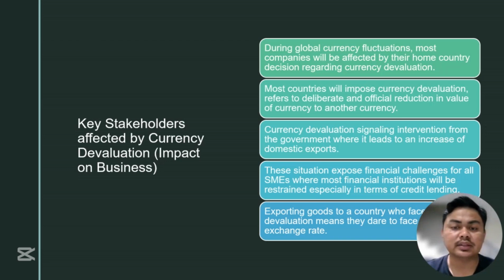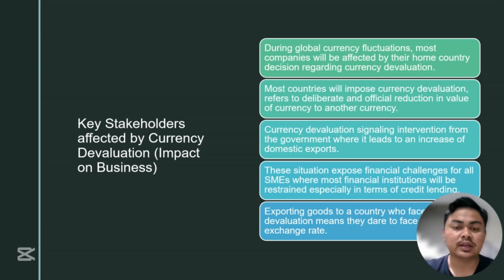If the company is an importer, the cost of importing goods and commodities will be higher. This situation exposes financial challenges for all the SMEs, where most financial institutions will be more precautious in terms of credit lending due to the high risk associated with exchange rate fluctuation.